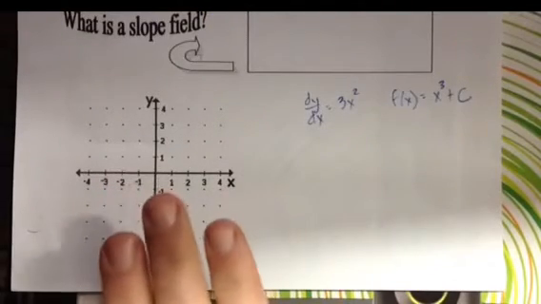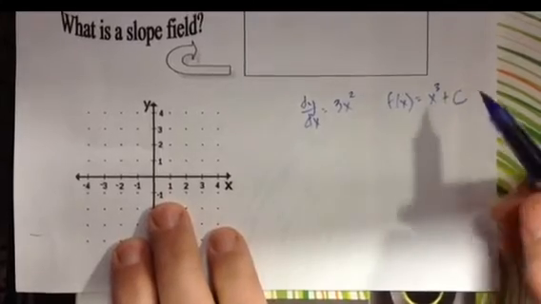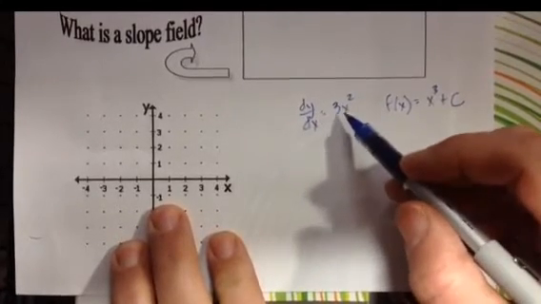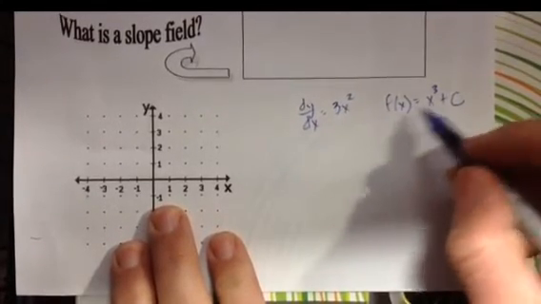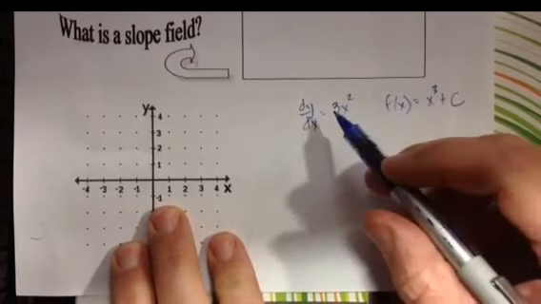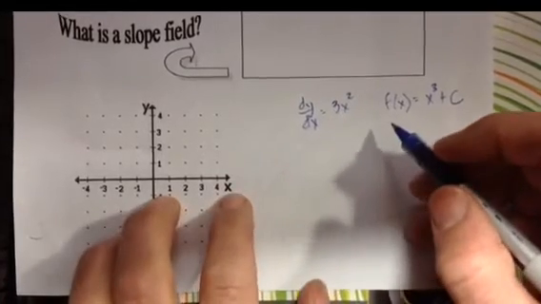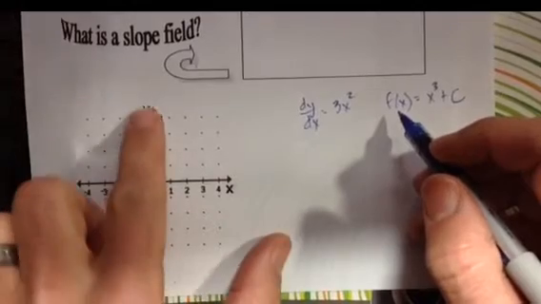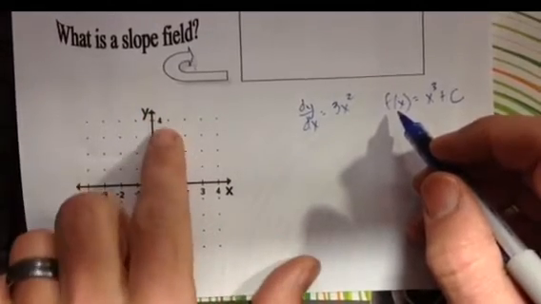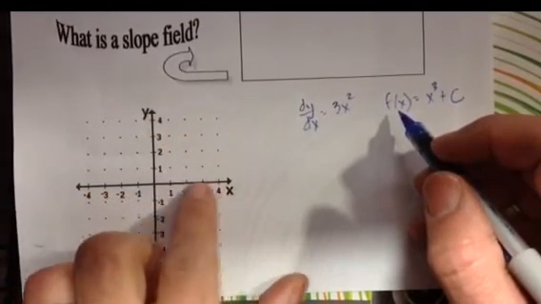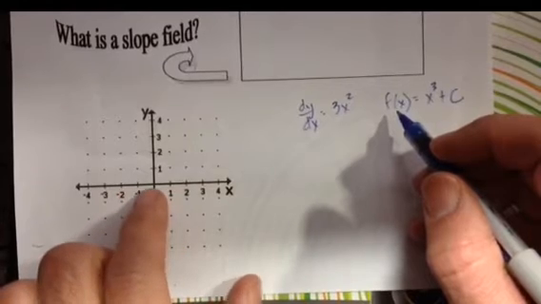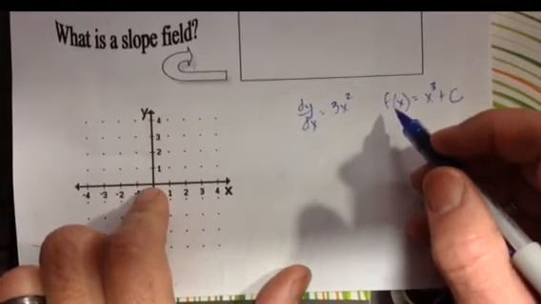So what we have here is a coordinate plane. And again, going back to our derivative, 3x squared, and we did find the family of functions that has a stated derivative. So what we're going to do is take a look at all these locations. Anywhere where you see a point, we're going to figure out what the instantaneous rate of change is.